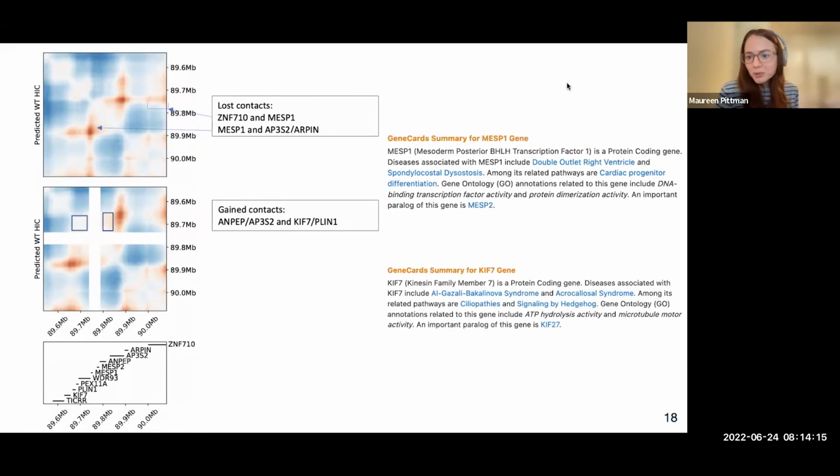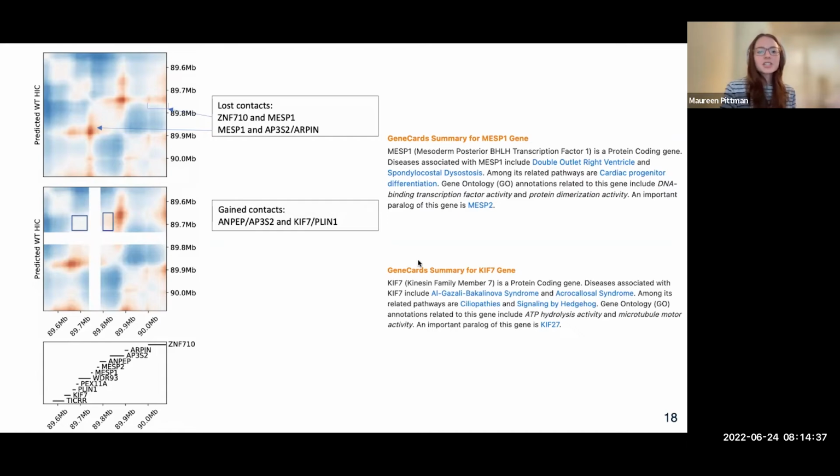Again, quickly, this MESP1 gene is known to be very important in heart development, and variants have been shown to cause disease. Also in the region is the KIF7 gene, misregulation of which can lead to ciliopathies.